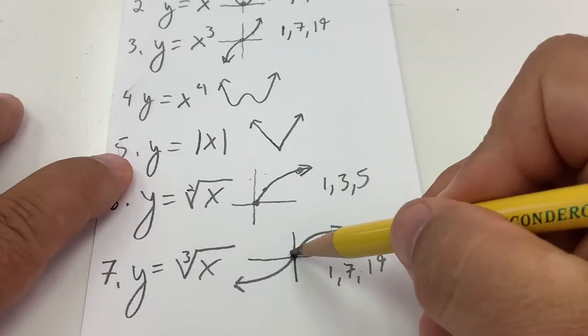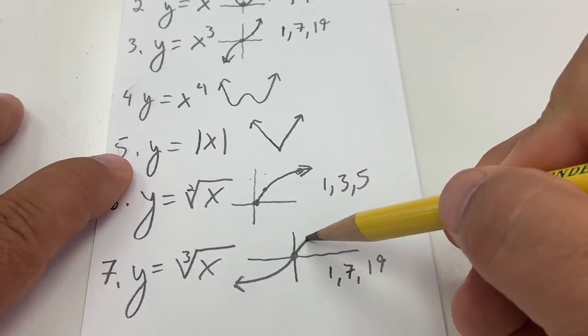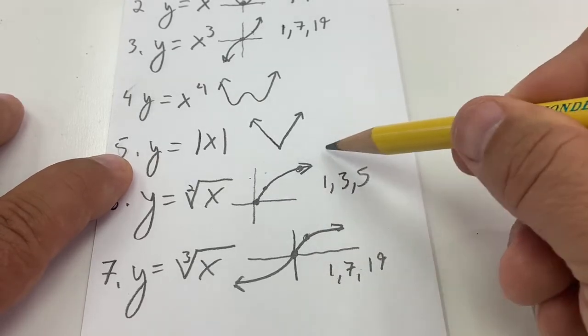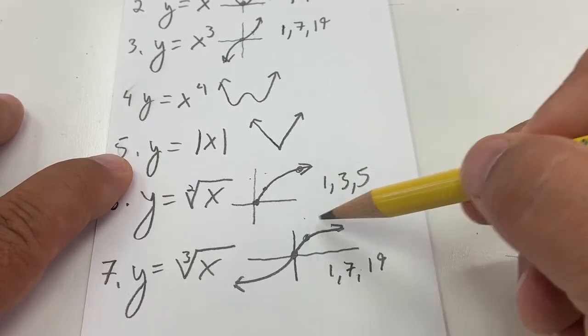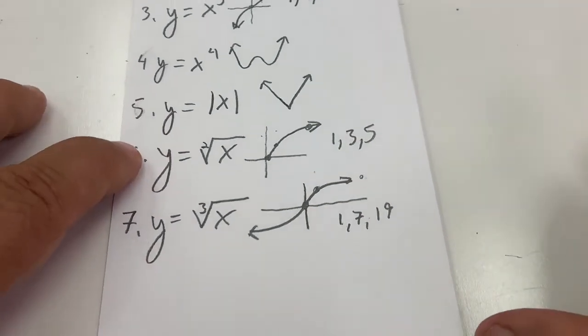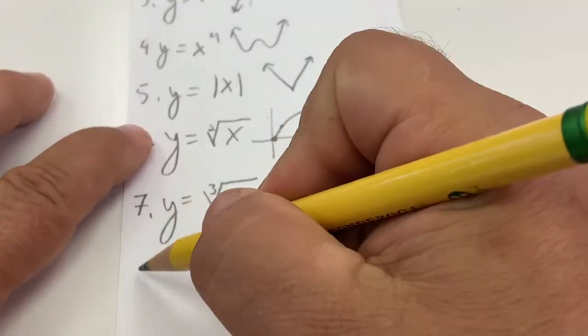What that means is I start at this turning point, I go up 1 over 1, that lands me on that dot. Then from there, instead of going up 7 over 1, I go up 1 over 7, and it lands me way over there. And then I quickly run off the graph paper with the 19.